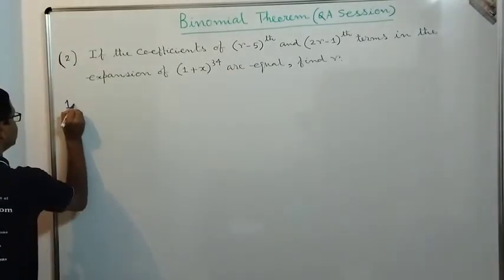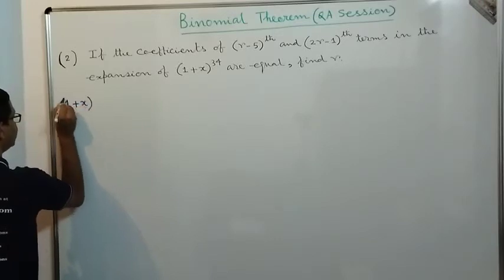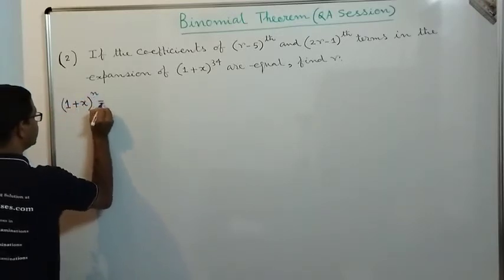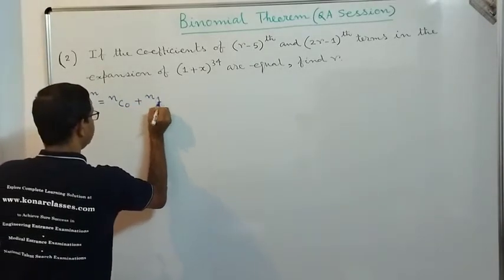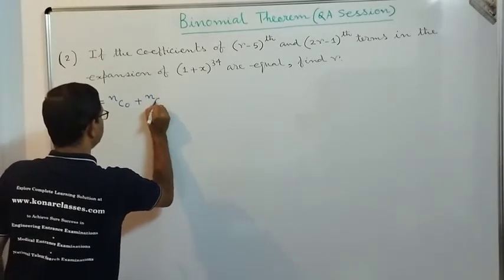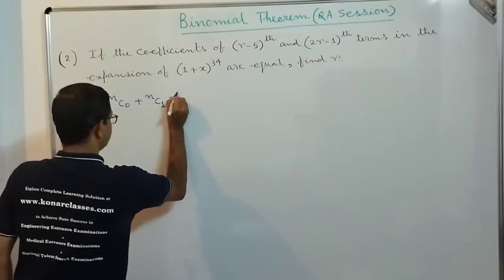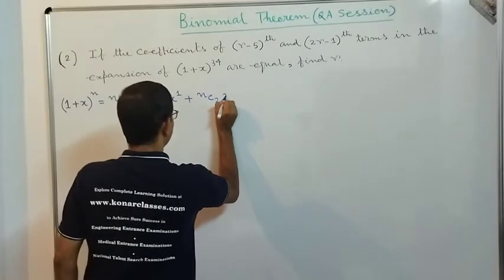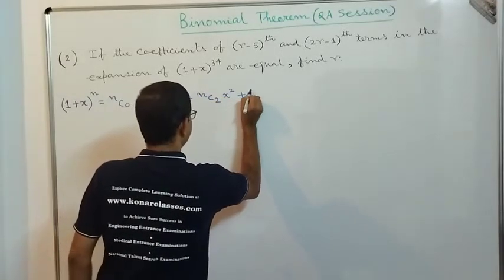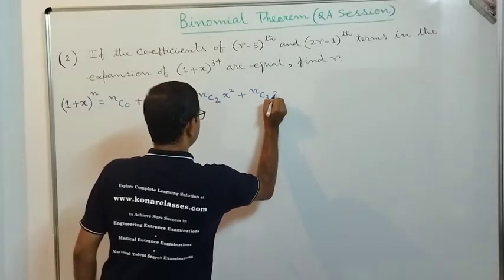If you recall, what is the expansion of (1 plus x) power n, dear students? It is nC0 plus nC1 into x to the power 1, plus nC2 into x square plus nC3 into x cube.